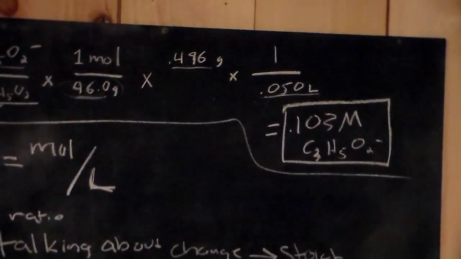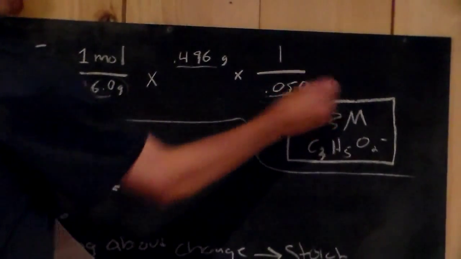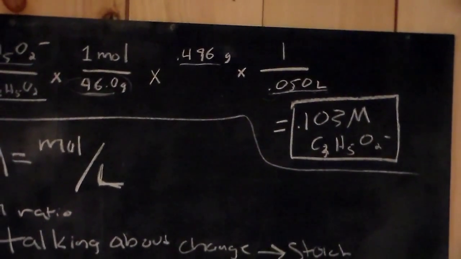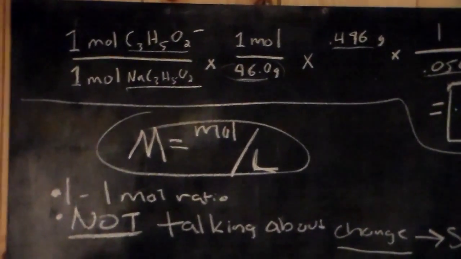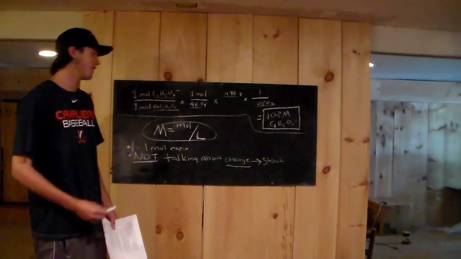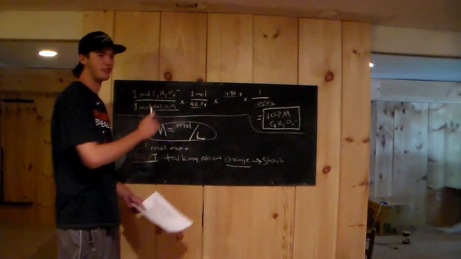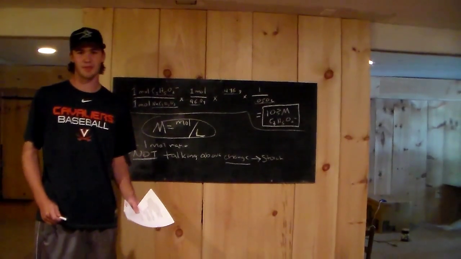In the problem you're given 50 milliliters, a simple conversion to 0.050 liters, and then you use the simple molarity equals moles over liters to find the concentration of the propanoate ion. Now we'll just put this final answer on the screen for you for a second, and then we'll move on to another stoich example.